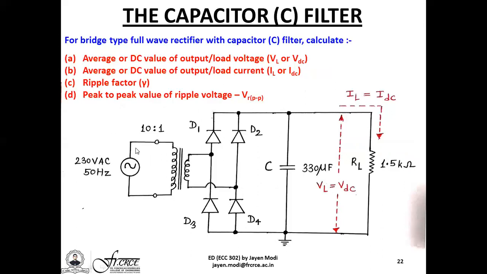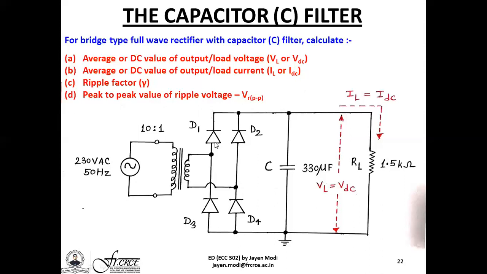So what are we given? We are given that the AC supply is 230 volts AC, 50 hertz. We are given that the transformer is a typical step down transformer having a turns ratio 10:1. We are given a full wave bridge type rectifier configuration having diodes D1, D2, D3, and D4. For this particular problem, it is simply assumed that the internal resistance of the windings and the diodes is almost zero.